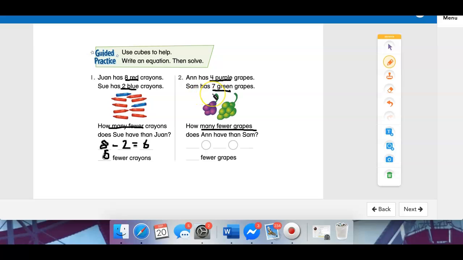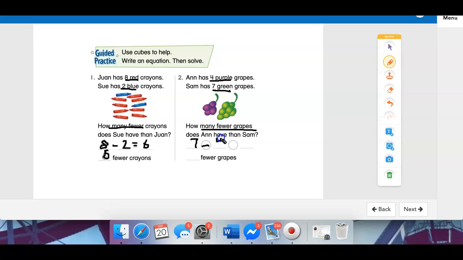How many green grapes does Sam have? Sam has 7. How many fewer grapes does Anne have than Sam? We're going to start our problem by writing how many green grapes Sam has. We are subtracting, so I write my minus sign. How many purple grapes does Anne have?